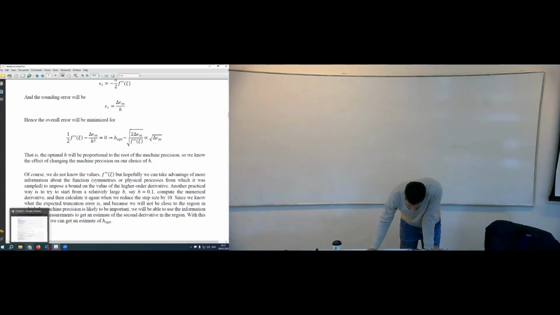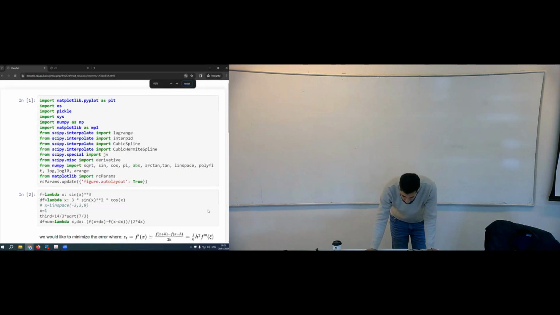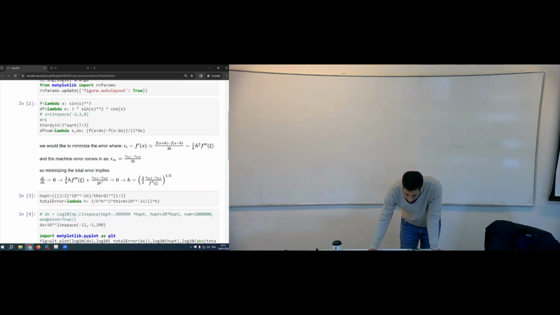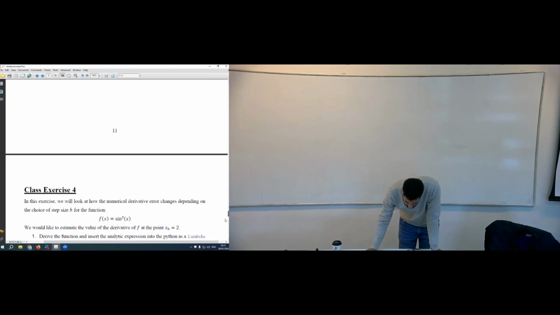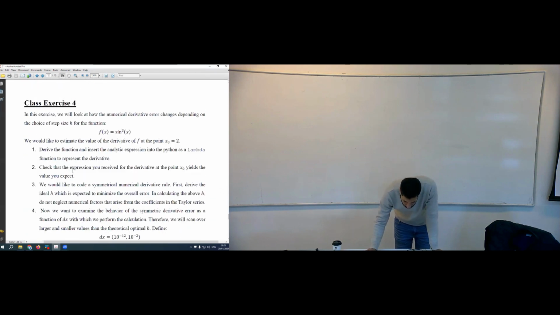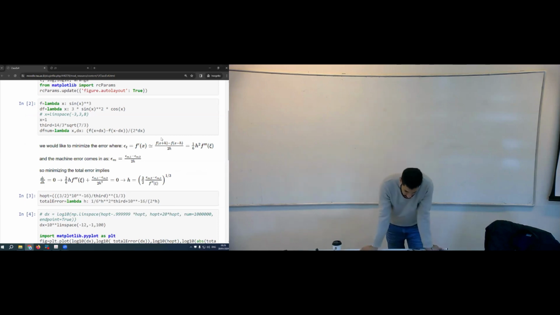Okay, let's see an example. So the function is the sine of x cubed, and the cubing is for the sine itself, not x.